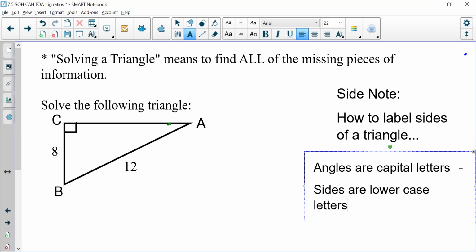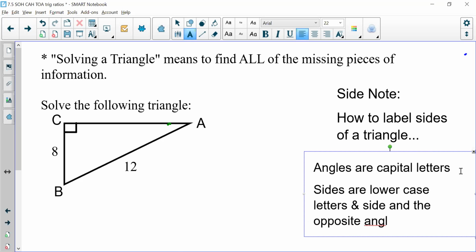And this is where there's a rule we have to know. The side and the opposite angle share the same letter. So angles are capital letters, sides are lowercase letters, but the side and the opposite angle will be the same letter.